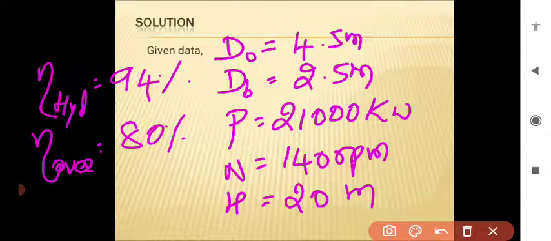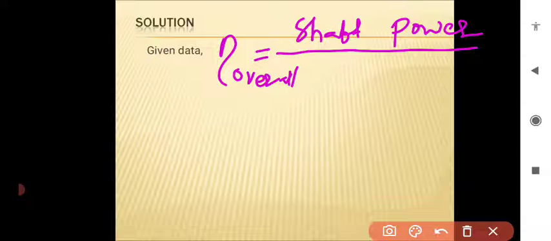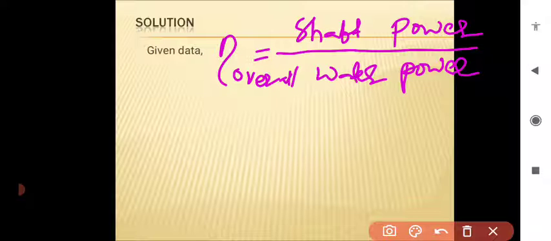Okay, first we have to calculate the discharge. We know the overall efficiency equation: overall efficiency is equal to shaft power by water power. Shaft power or output power, by water power. The output power is P and water power is WQH.